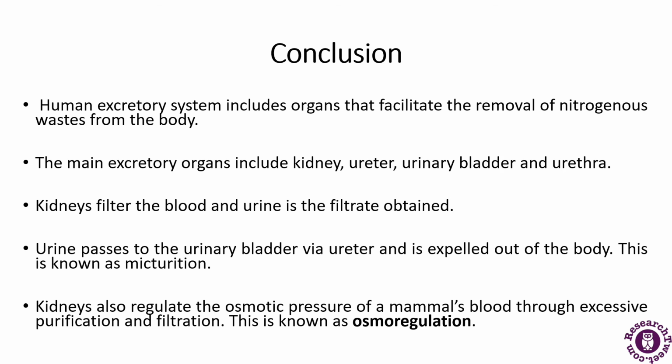The human excretory system includes organs that facilitate the removal of nitrogen waste from the body. The main organs, which we have studied in detail, are the kidney, ureter, urinary bladder and urethra. What is the function of the kidney? They filter the blood, and urine is the filtrate obtained.